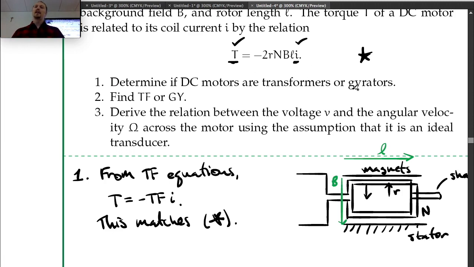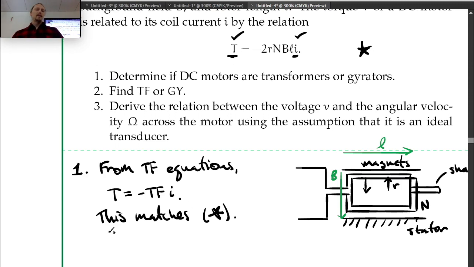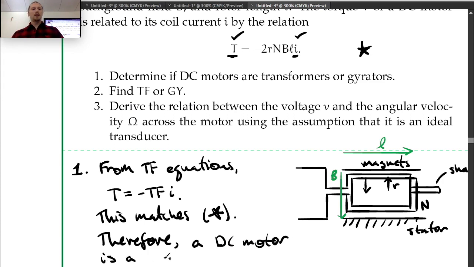The torque is proportional to the current. Therefore, a DC motor is a transformer.